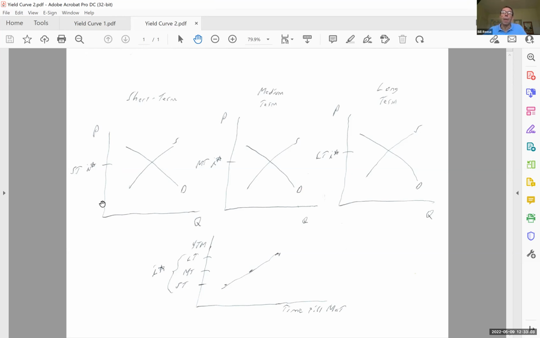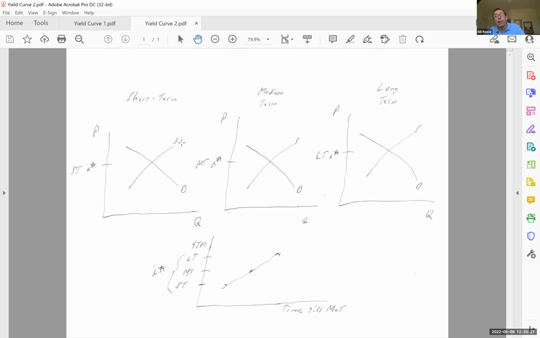Now, the demand curve is people wanting to borrow short term. So this is saying when interest rates are low, people want to borrow a lot of money. That makes sense. And when interest rates are high, people want to borrow less money. The supply curve is talking about people wanting to lend money.